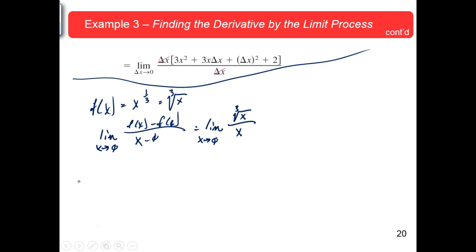What was our procedure when we had radicals? Multiply by the conjugate. But that's if it was a binomial. This isn't a binomial. We just need to rationalize the numerator. How do we rationalize the numerator here? Multiply by the cube root of x squared.